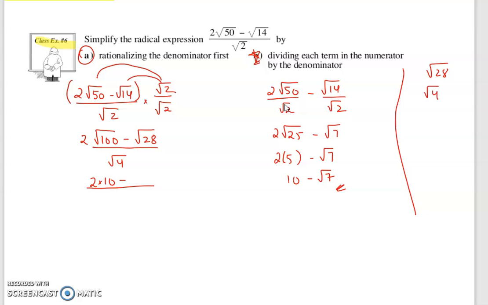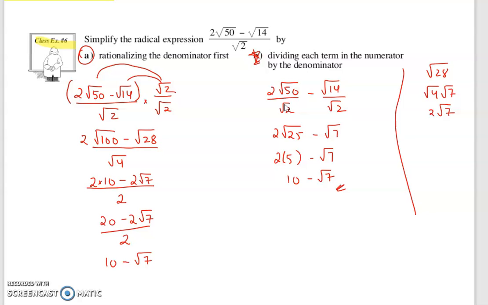That will be root 4 root 7, so that's 2 root 7. So 2 root 7, and then this gives you just 2. So that gives you 20 minus 2 root 7 all over 2. Now, if I want to divide this 2, I have to be able to reduce every term with it. So that becomes 10 minus 1 root 7. So that ends up being my answer.